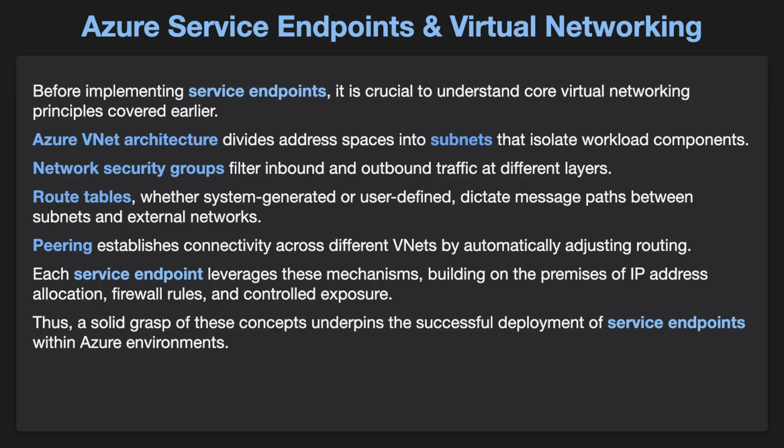Peering establishes connectivity across different VNets by automatically adjusting routing. Each service endpoint leverages these mechanisms, building on the premises of IP address allocation, firewall rules, and controlled exposure. Thus, a solid grasp of these concepts underpins the successful deployment of service endpoints within Azure environments.